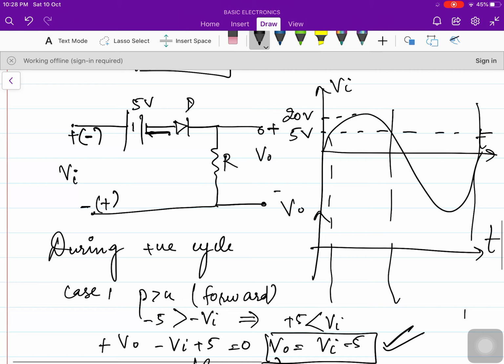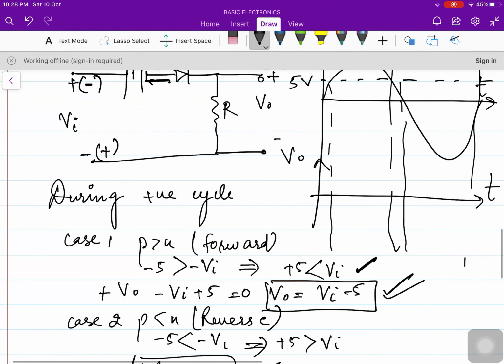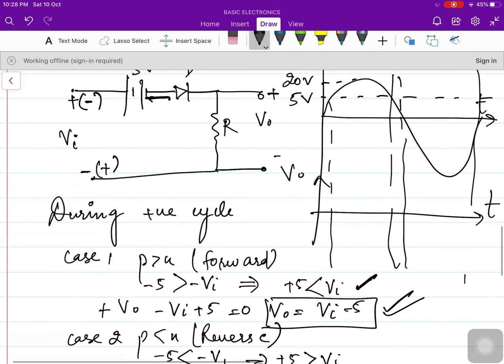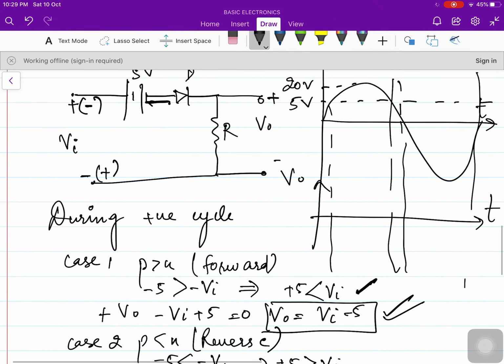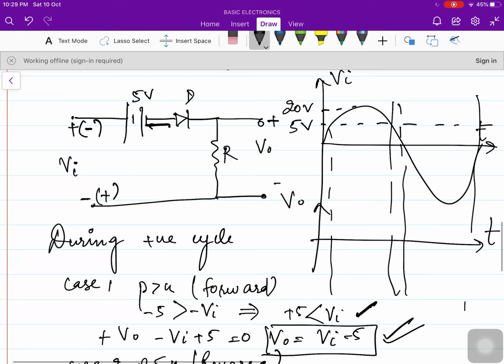For the positive, we have two cases and we have two portions therefore. So the cap portion is the one where Vi is greater than 5, and this is this portion where V0 is Vi minus 5. So Vi minus 5 means Vi peak value was 20, now it has decreased to 15.